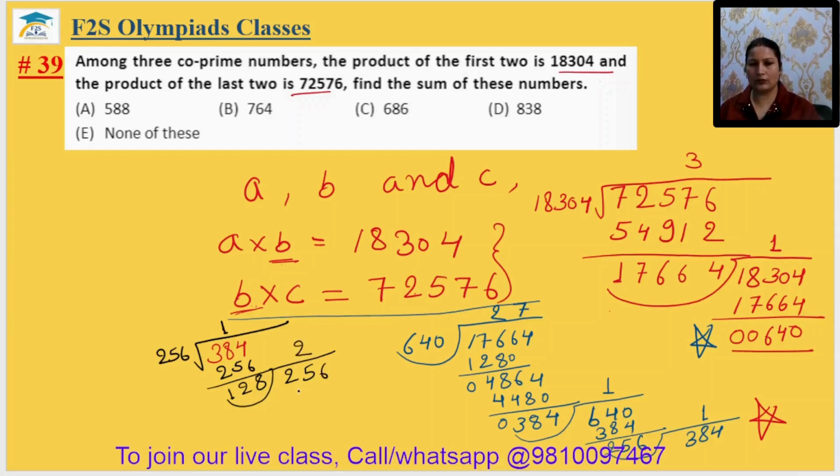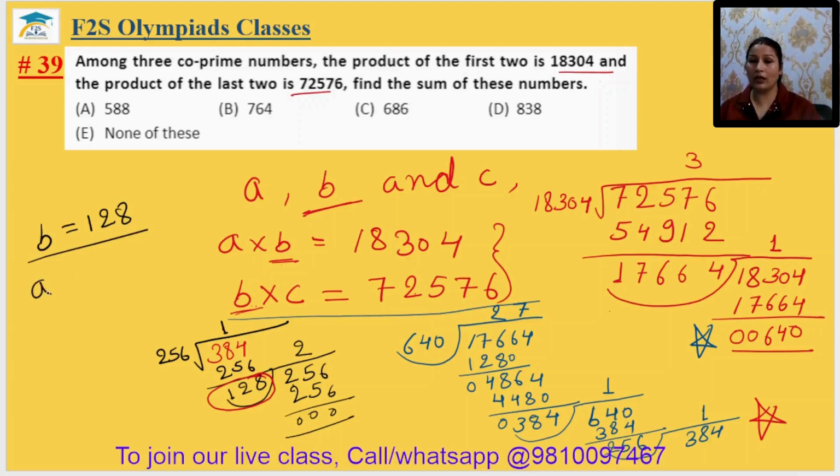So 2s are 256. We found the HCF. The HCF of these two numbers is 128. 128 is the HCF. Okay? B will be your HCF, that is 128. So we found B equal to 128.